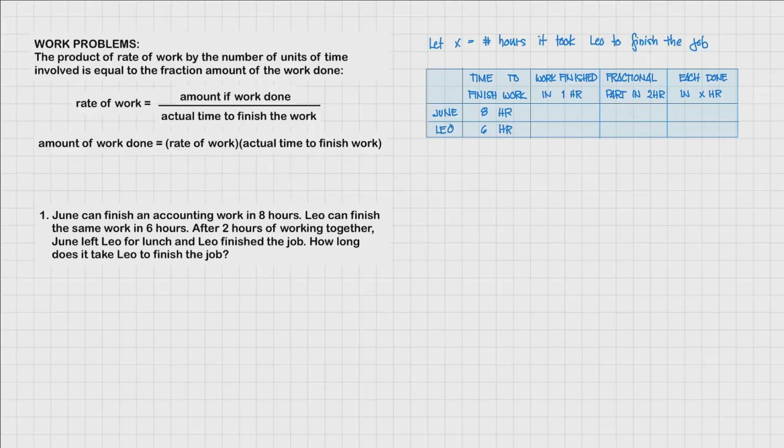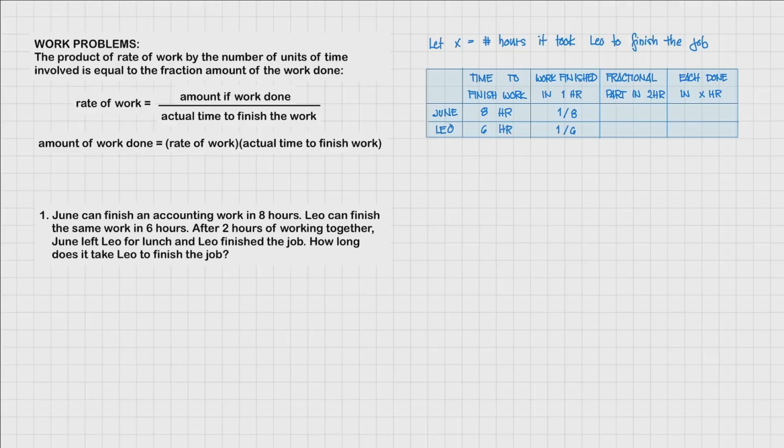Now the work finished in 1 hour would be 1 over 8 for June and 1 over 6 for Leo. Now, each worked for 2 hours, right? As it says here in the problem. So after 2 hours of working, each of the two did a fractional part of their work.